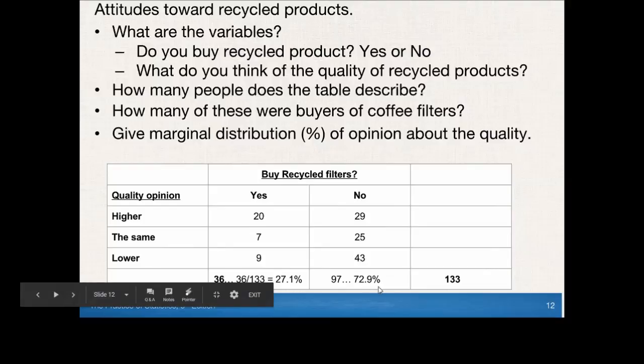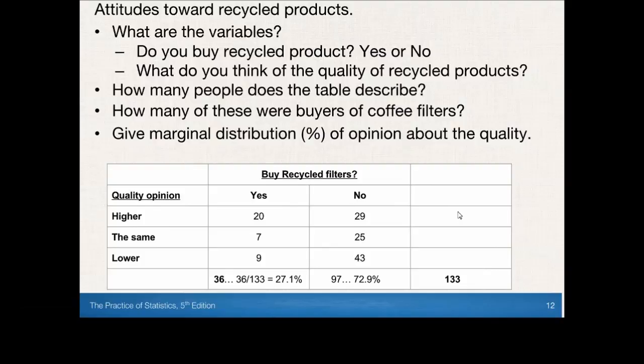From that calculation, we can get 72.9%. 97 divided by 133, or you could take 100% minus 27.1, and that would give you the 72.9.